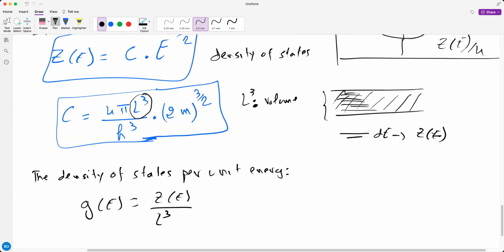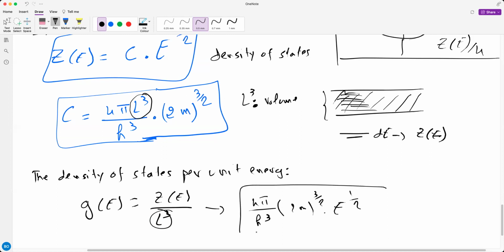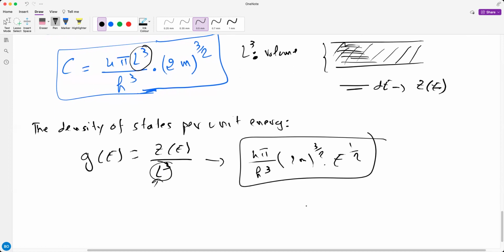So they just take it per volume. So it will be the same, except that L cubed will not be here. So it will be 4 pi over h cubed, 2m to the power 3/2, and then E to the power of 1/2. So you will see that in some textbooks they take this one, so there is no L cubed here. Any question?